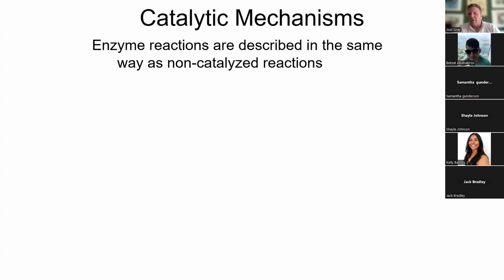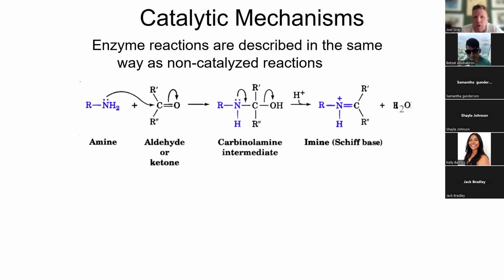So if you have any questions at any point, please don't hesitate to ask. If there's older terminology from organic chemistry that you need me to reconcile, just let me know. Enzyme reactions are described in the same way as non-catalyzed reactions. For example, we might have an amine that has a lone pair of electrons that is targeting a group that has a partial positive charge, like an aldehyde or a ketone.